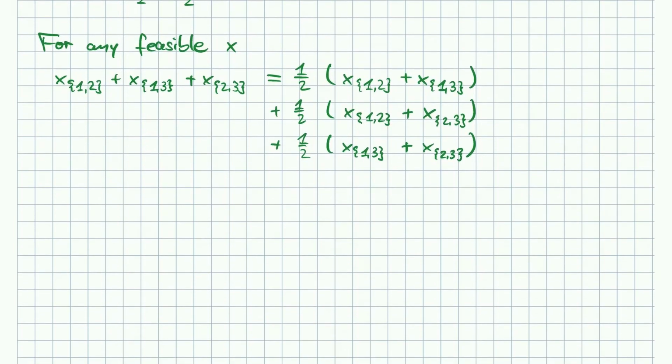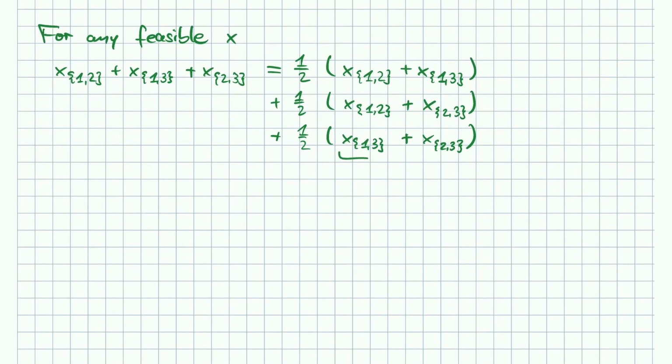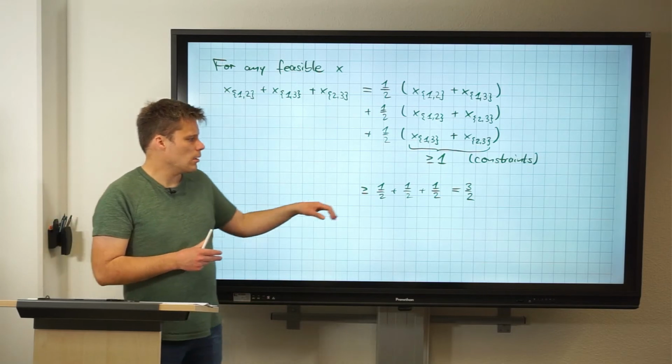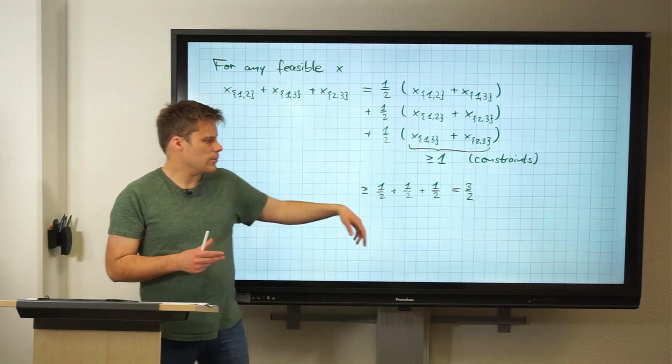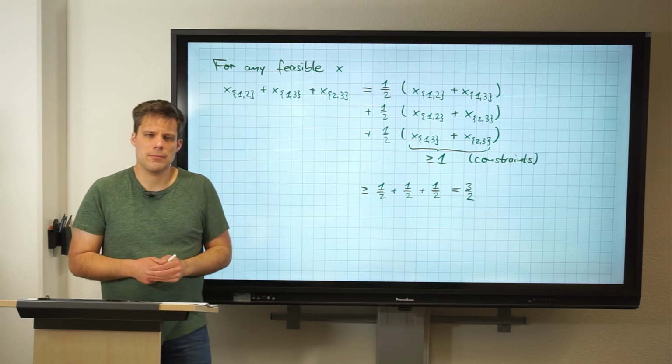So what we have here on the right hand side is always at least 1 due to the constraints. And so we'll get that this is at least a half plus a half plus a half. So 3 halves. Which means that for every feasible solution, the objective function value will be at least 3 halves.